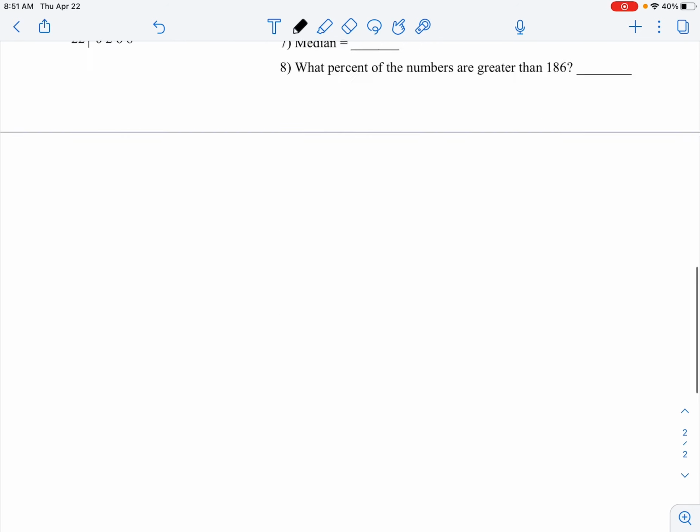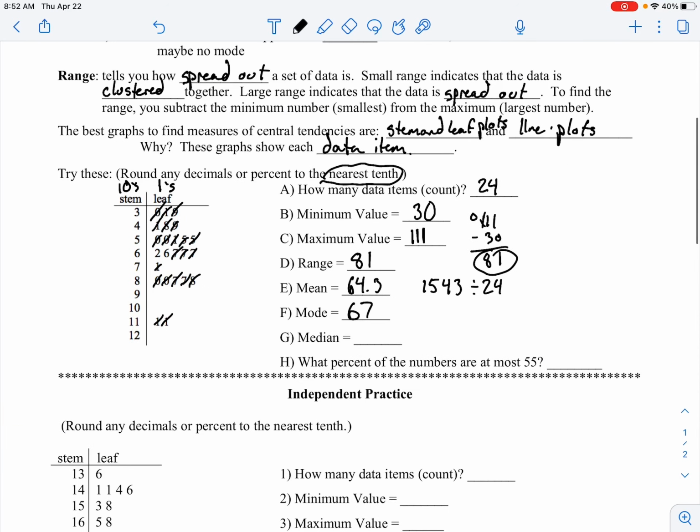All right, so I end up with 62 and 66. So for the median, we have to add 62 and 66, since there's 2 median numbers there, which is going to give me 128. And then I have to divide 128 by 2, because I added 2 numbers there, and we get 64.